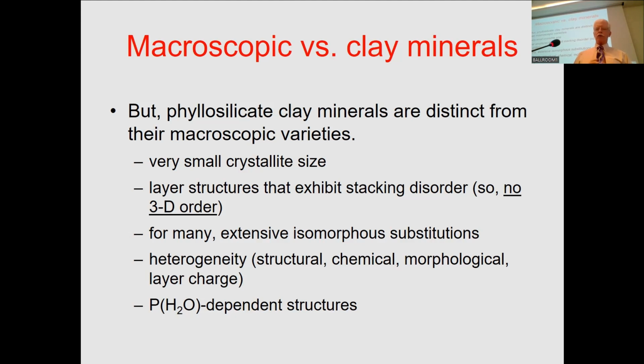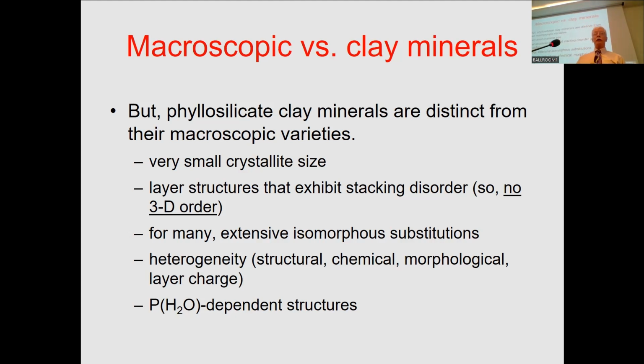They're very heterogeneous, structurally, chemically, morphologically, even in layer charge. Something we don't often recognize is that smectite layer charge is very heterogeneous. I remember a long time ago talking with Gerhard Lagaly about smectite layer charge heterogeneity. And I was looking for a homogeneously charged smectite.